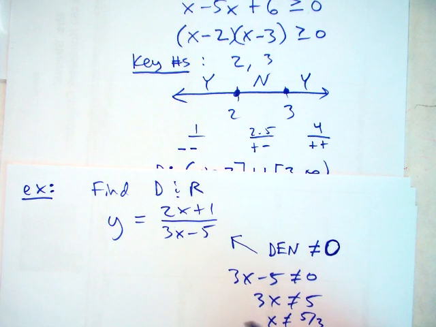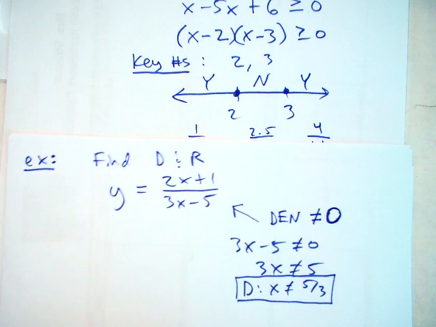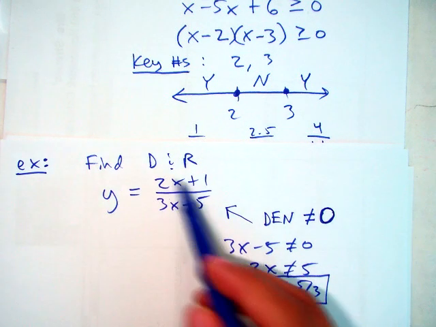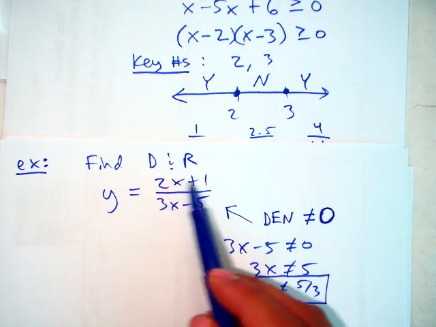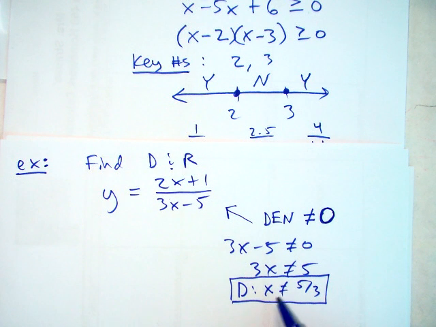So here's our domain. And again, the reason is you cannot divide by 0. You can have anything on top, negatives, positives, 0. You can have anything on the bottom except for 0, so x can be anything but 5/3.